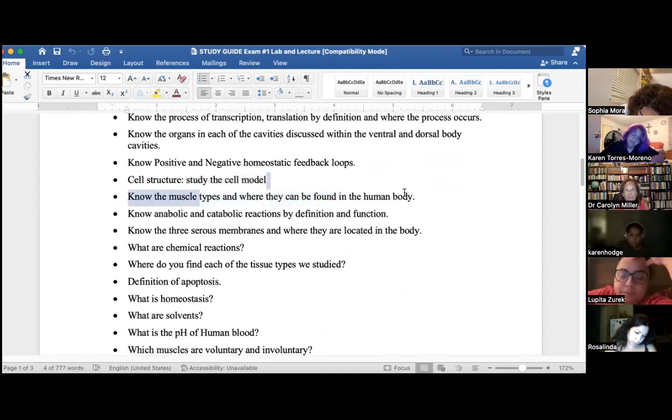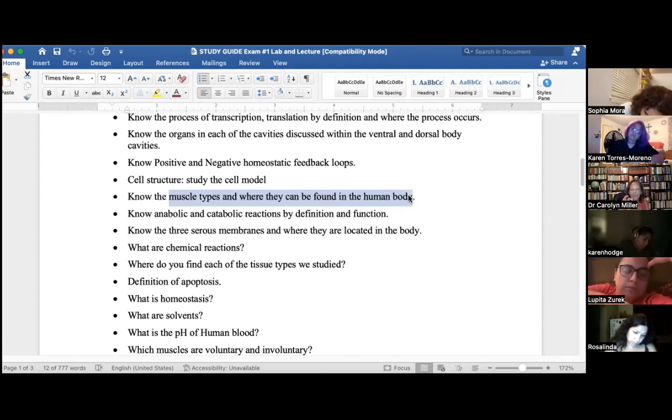Know the muscle types and where they can be found in the human body. 3 types of muscle. Skeletal, which is on bones. Smooth muscle is any muscle that we don't control, so in the intestines, in the lungs, in the bladder. And cardiac, it's also involuntary, but it is only in the heart.